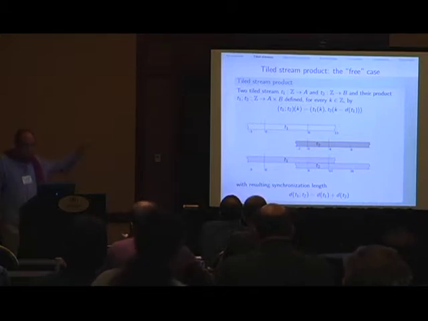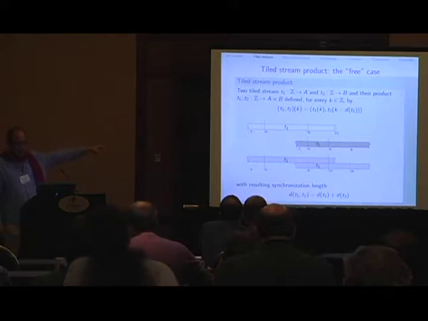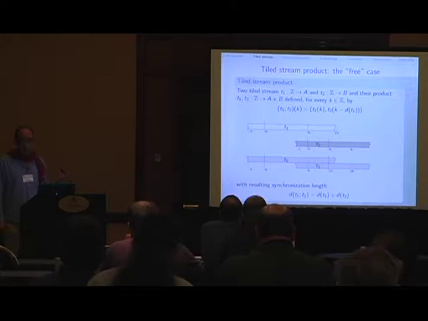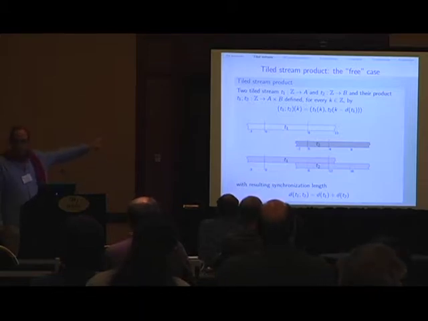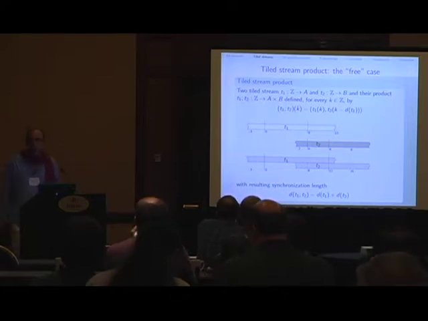So if I start from a first signal with basic type A and a second signal with basic type B, then the resulting tiled signal of their synchronized product will be of basic type A times B. In the resulting synchronization window, I keep the entry point of the first signal and the exit point of the second signal.